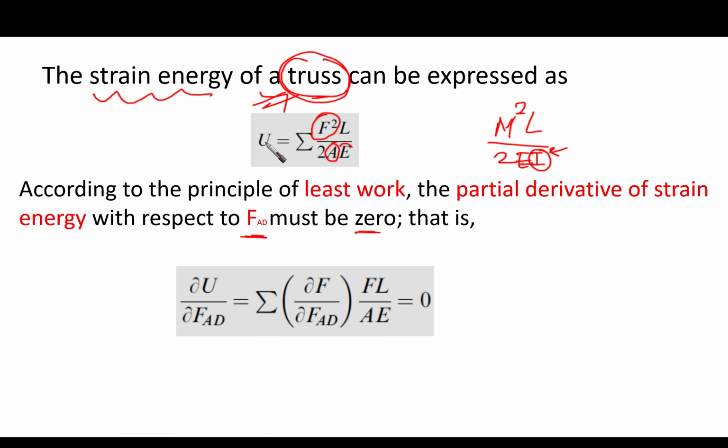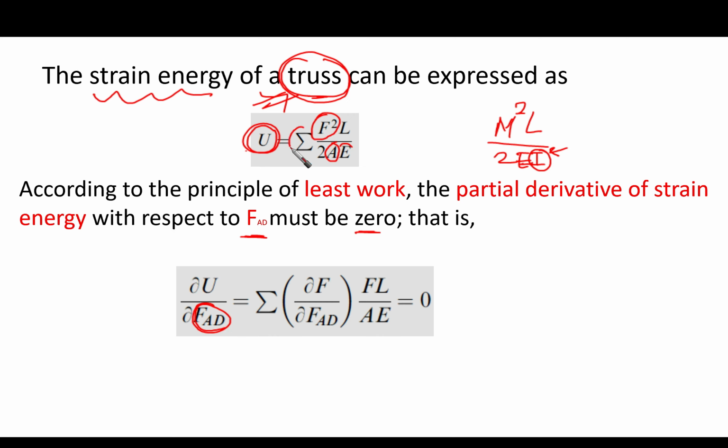We obtained U as the strain energy, and then we need to get the strain energy derivative with respect to exactly our redundant. We have chosen our redundant to be FAD. So partial U over partial FAD is going to equal what?